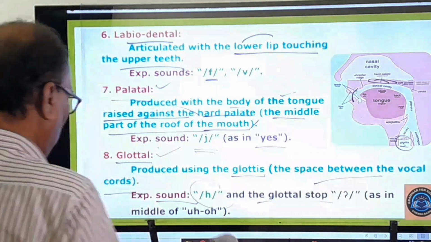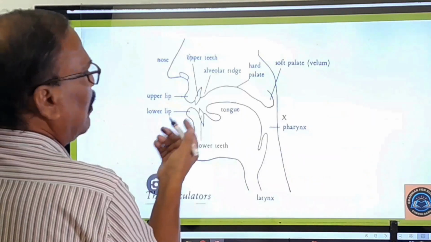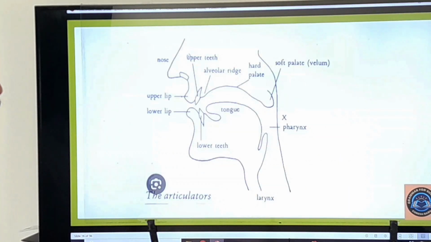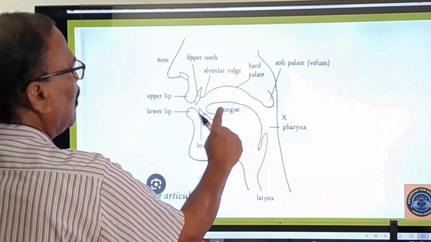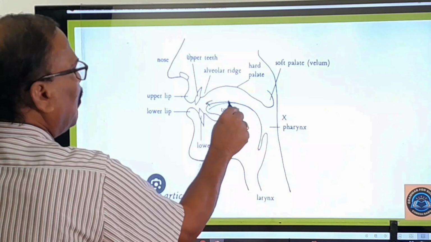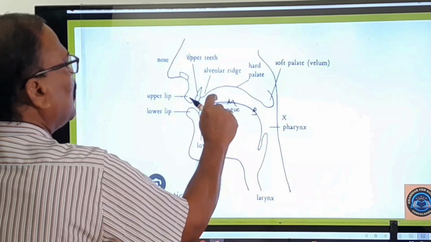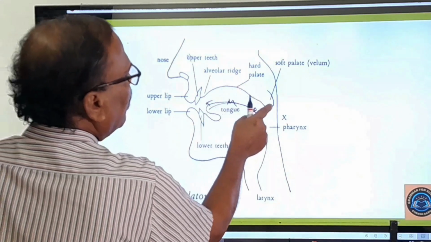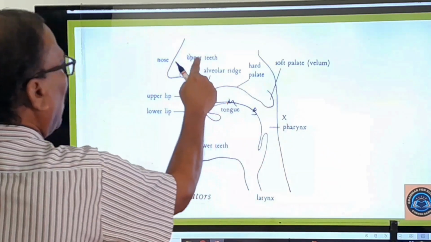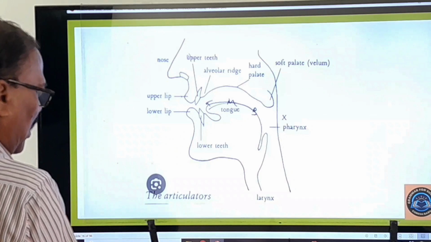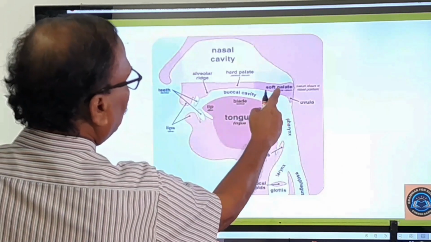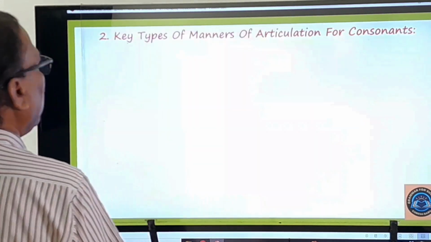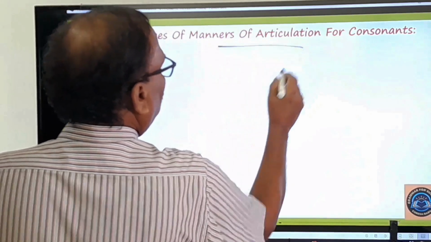You move on to the manner of articulation. So a bigger picture is there. This is the tongue: tip, mid part, back part. Alveolar ridge, post alveolar ridge, hard palate, soft palate, upper teeth, lower teeth, and the glottis. Key types of manners of articulation for consonants.